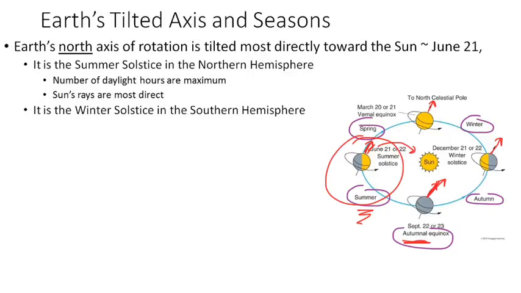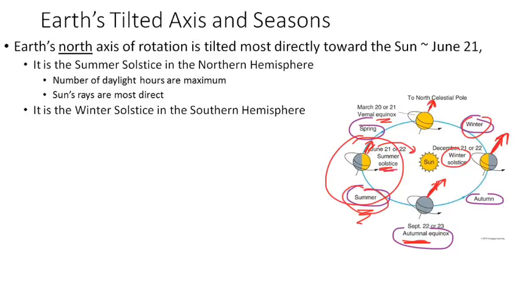And then 3 months later, here we are in winter, at a solstice, where the northern axis of rotation is tilted away from the sun, and that's our winter solstice. And then 3 months later, here we are around spring, and that's another one of our equinoxes, called the vernal equinox. And then 3 months later, here we are back to summer.